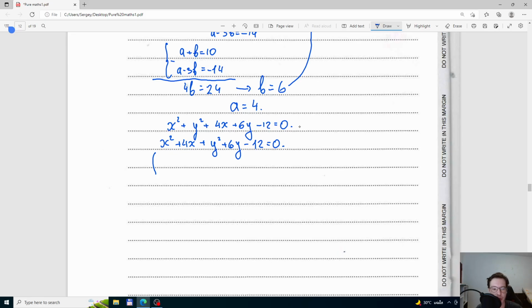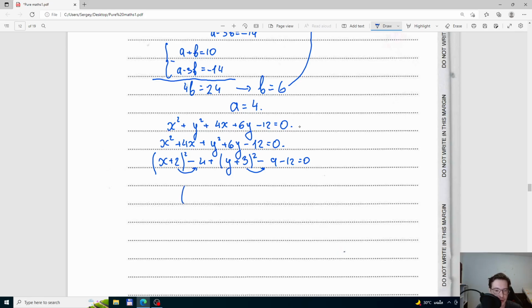Looking at x squared plus 4x, it's going to be x plus half of the number next to x, which is 2, minus that number squared, which is 4, plus y plus half of the number next to y, which is 3, squared minus that number squared, 9, minus 12 equals to 0.